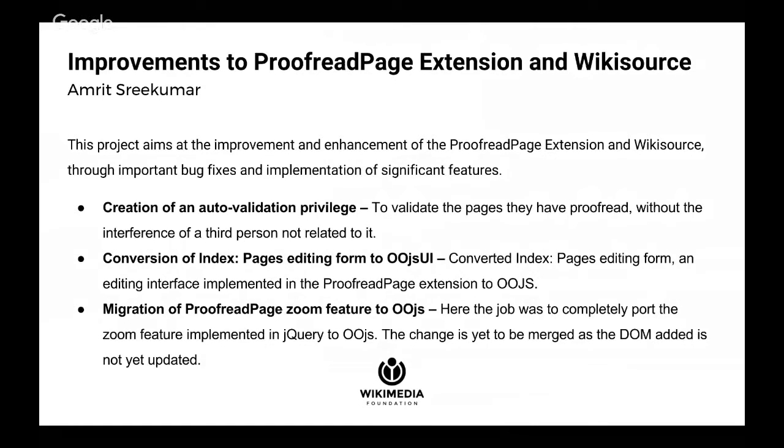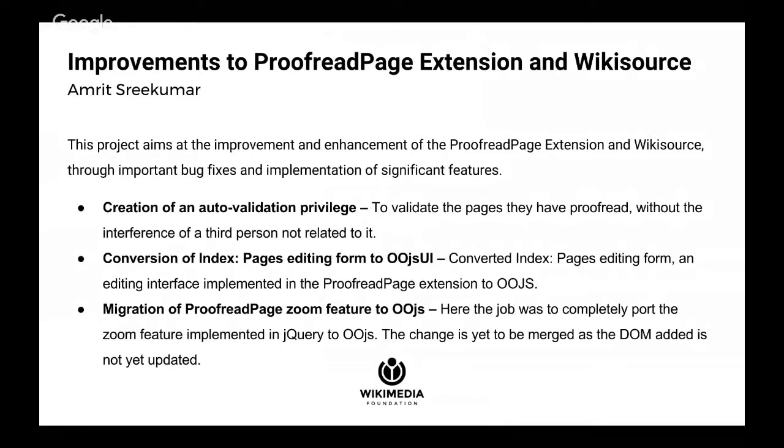So people running small wikis need to call in a third person, who might not be related to what they're doing, in order to validate the page they have proofread. With the creation of this auto-validate privilege, the admins of small wikis can themselves proofread as well as validate the page. This makes the process a lot easier and much more simplified.